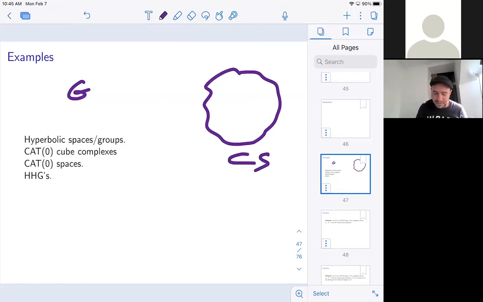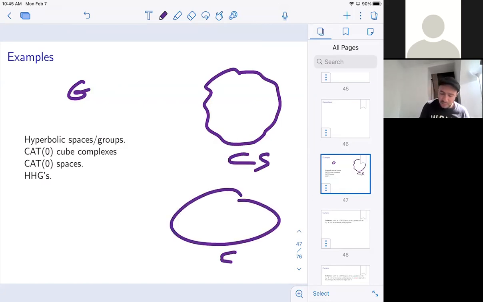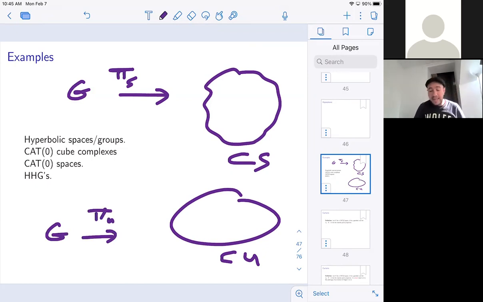You have the C S, you have the C U, and they come with maps π_U to each of these hyperbolic spaces. So you have a map π_U, and what you can do is take a geodesic here, then take a point that lives in G, map it here, and then do nearest point projection.